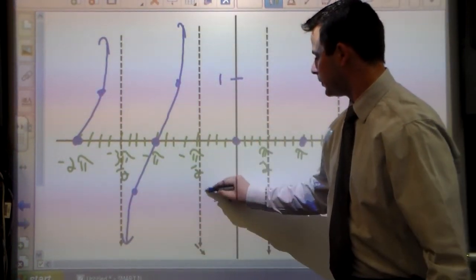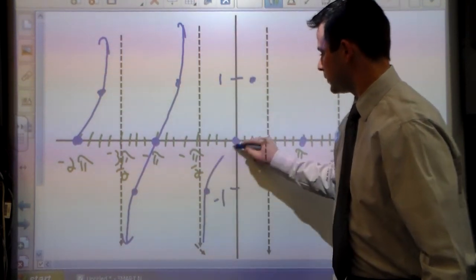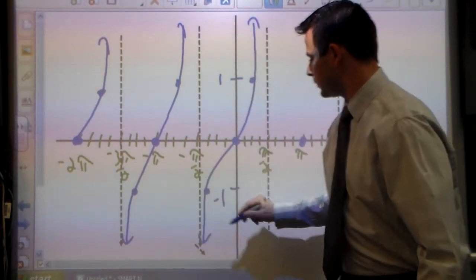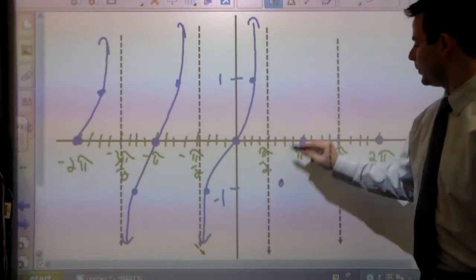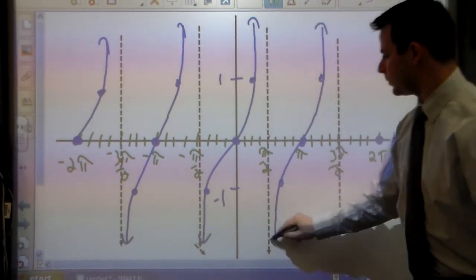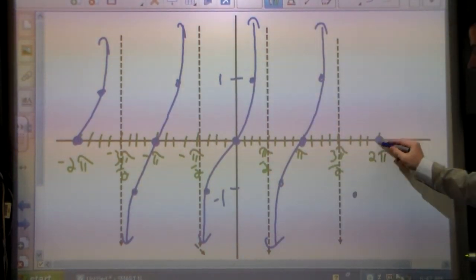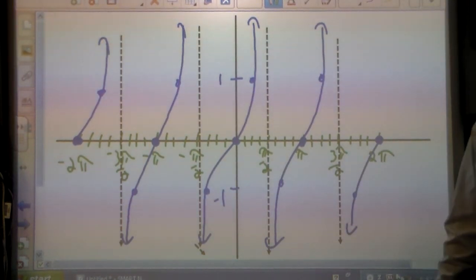To the left 2, down. To the right 2, up. To the left 2, down. To the right 2, up. And then to the left 2, down. And to the right, we're not going past there. Plot it. And there's the graph of tangent.